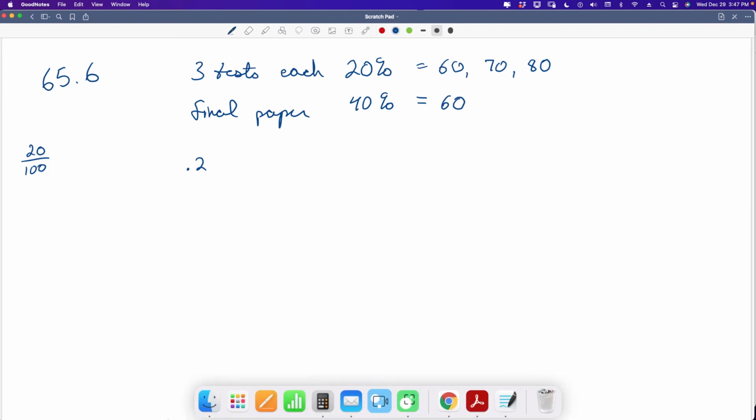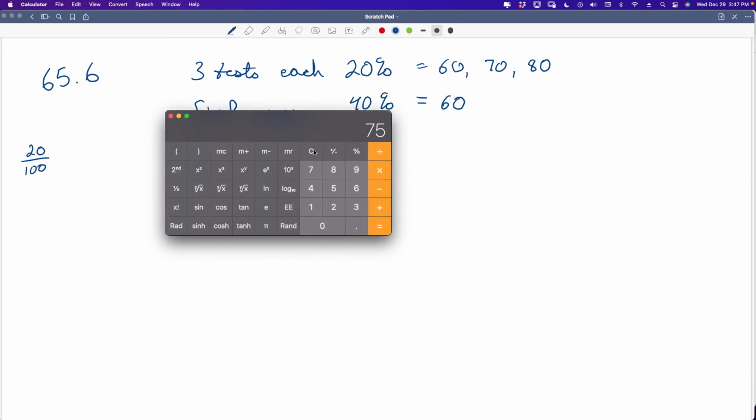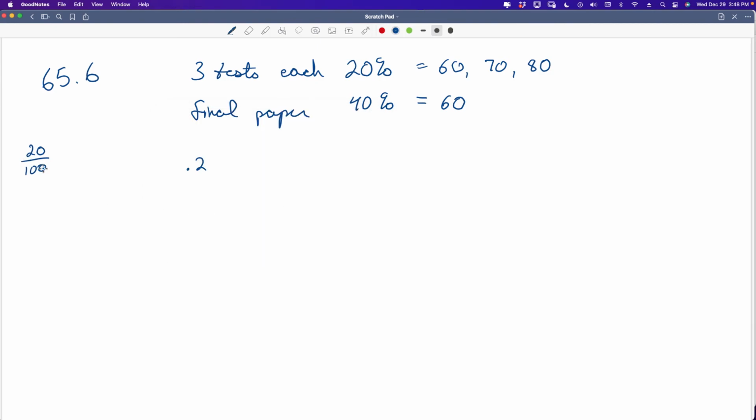And you can easily do that on the calculator, or 20 divided by 100 is 0.2, or you can count the number of zeros and just move your decimal that many places, okay? It's the same thing. It's the same method. So 0.2 times each of these, 60 plus 0.2 times 70.